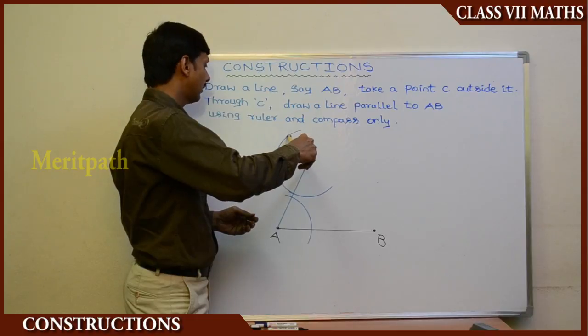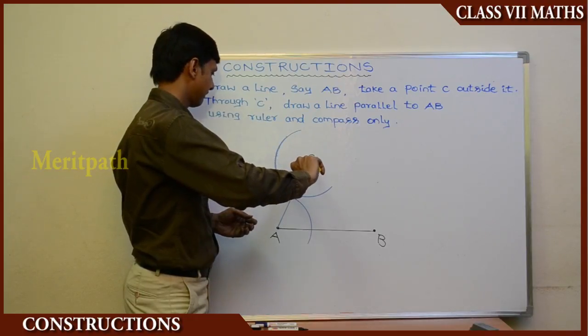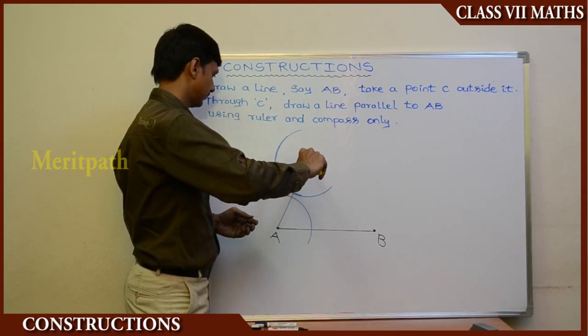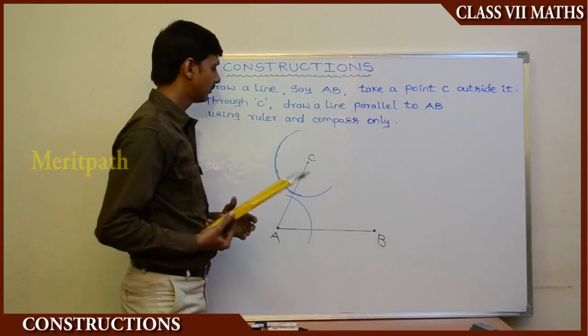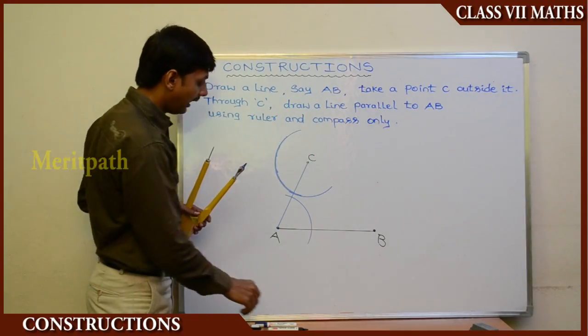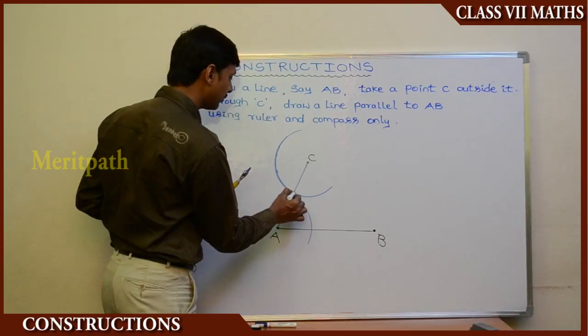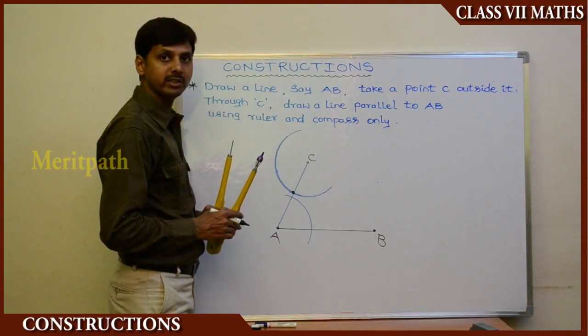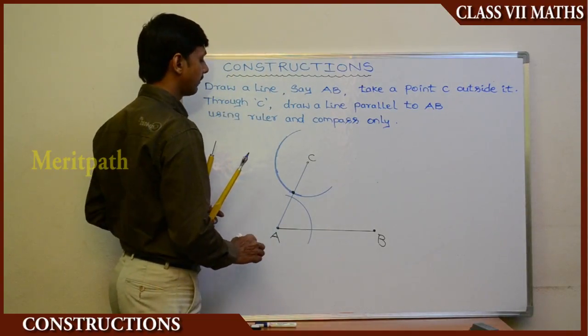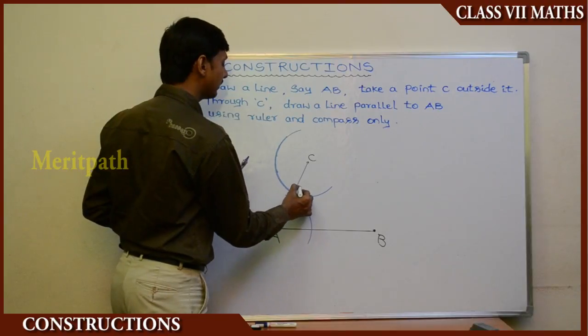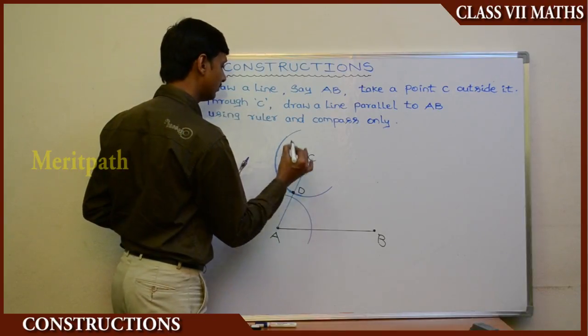So it is intersecting AC at one point. Take that point and name it as D.